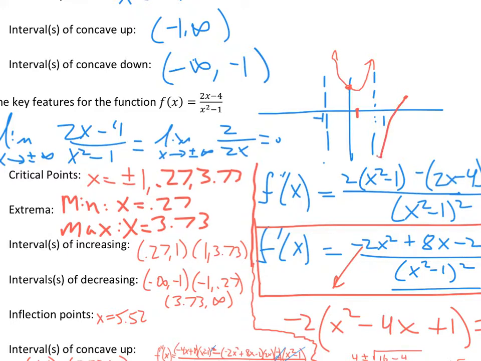We're increasing, okay? And then we're going to come around here. We're concave down. We have an inflection point at about 5.52, okay? So at 5.52, it's gonna flatten out, because as we go to infinity here, this whole thing is going to 0 because the bottom's bigger than the top, okay?